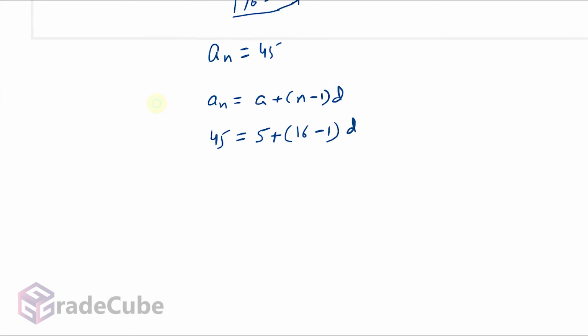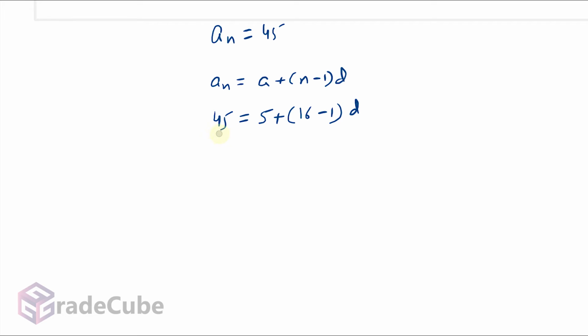Okay, so 5 goes to the other side, 45. Here 5 is being added, so on the other side it will be subtracted. It is 15d. This is 40 equal to 15d, or 40 upon 15 is equal to d.